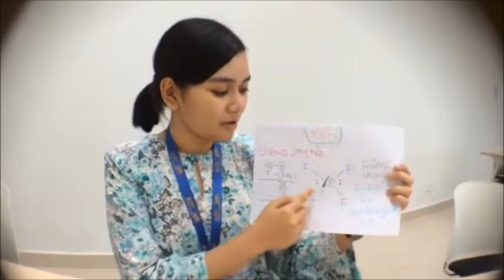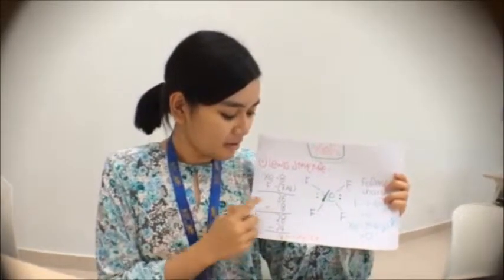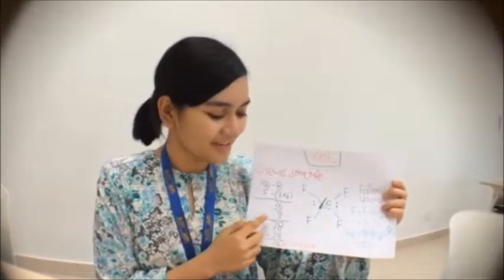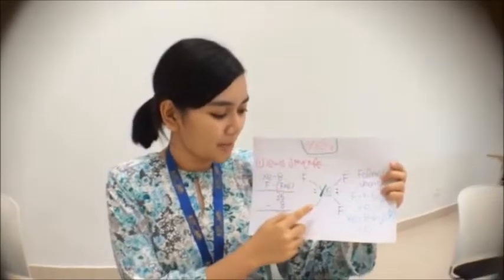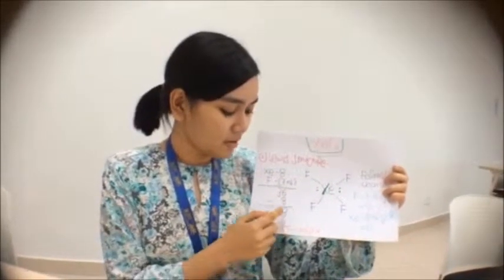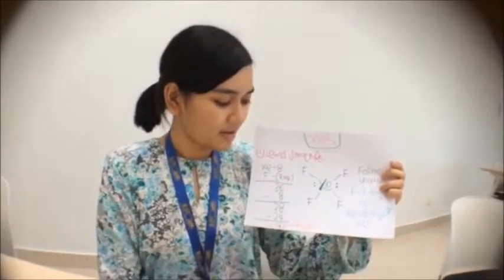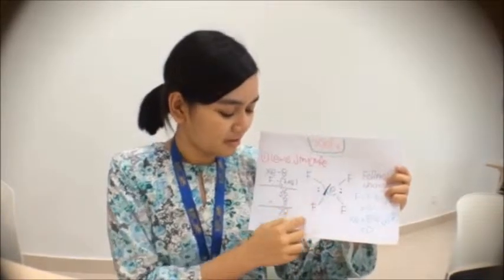Since there are 4 bonding pairs around xenon, 8 valence electrons will be subtracted from 36, so there will be 28 valence electrons, and we distribute the valence electrons around the fluorine.